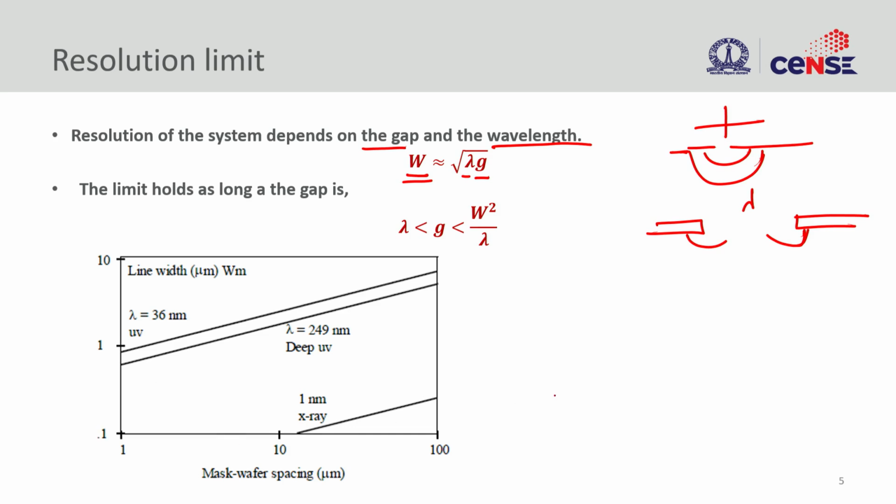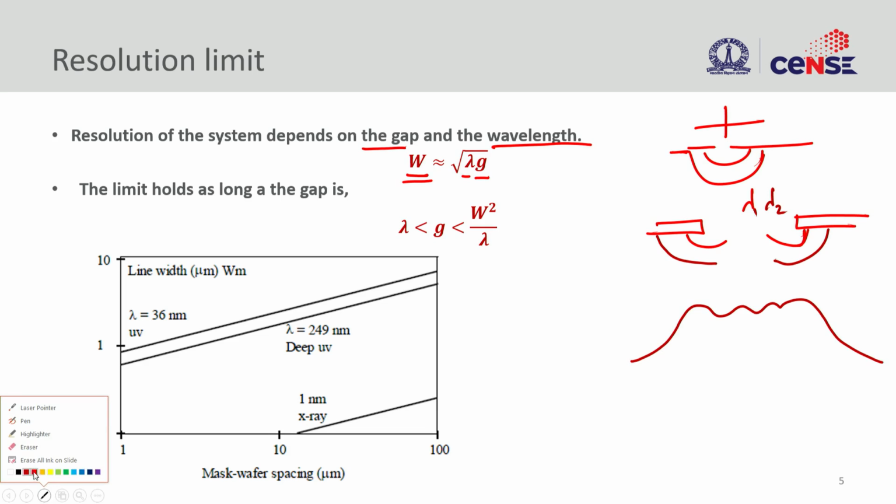So, this is for lambda 1, let us say for lambda 2, I will see a larger diffraction. So, for a larger diffraction, your image is going to look something like this, and if you choose a shorter wavelength, a smaller wavelength, then your image will look something like this.